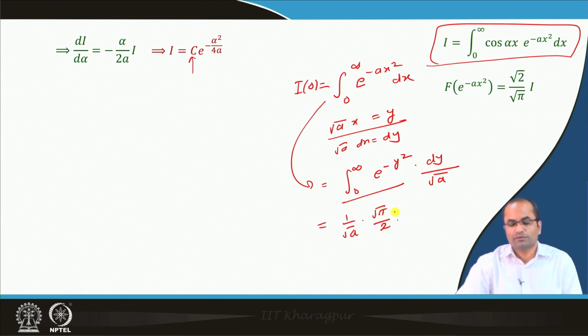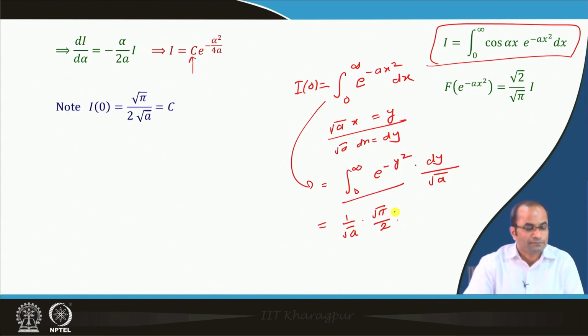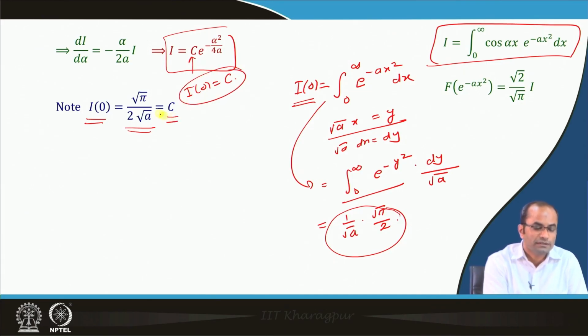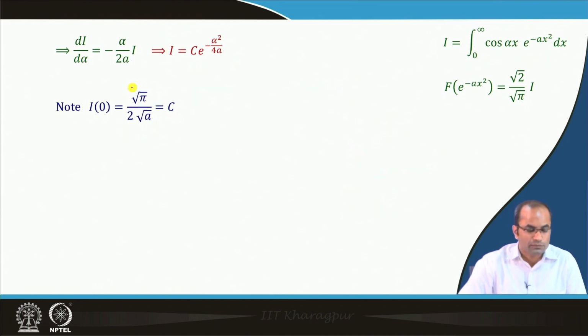We have also used this in previous lectures. So, the value of this I naught which we have just evaluated is square root pi by 2 square root a, and that is exactly the value of the constant, because if we put alpha equal to 0, we have only the constant term there. So, this constant is nothing but the value of I at 0.